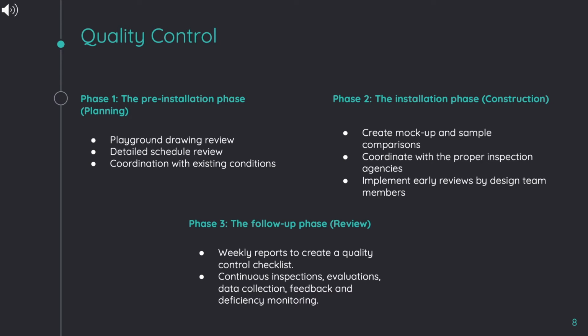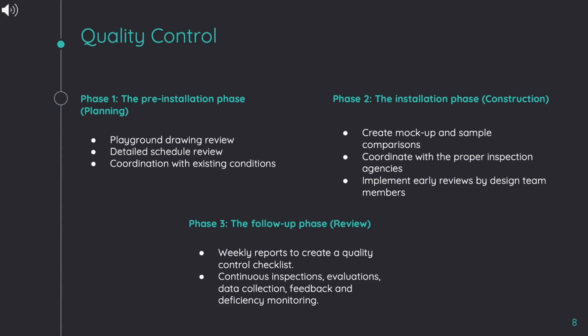Phase 2, the installation phase or construction. In this phase, we will always be supervised at the beginning of construction to ensure that it meets the contract requirements and the parameters established during the pre-installation phase.